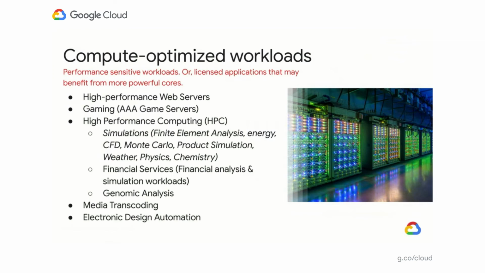They might also be applications that have very expensive per-core licensing and thus would benefit from higher per-core performance. All of these applications have one thing in common. They would see great advantages from leveraging the higher per-core performance and the fastest CPUs you can give them. And this is where compute-optimized VMs can really supercharge your applications.